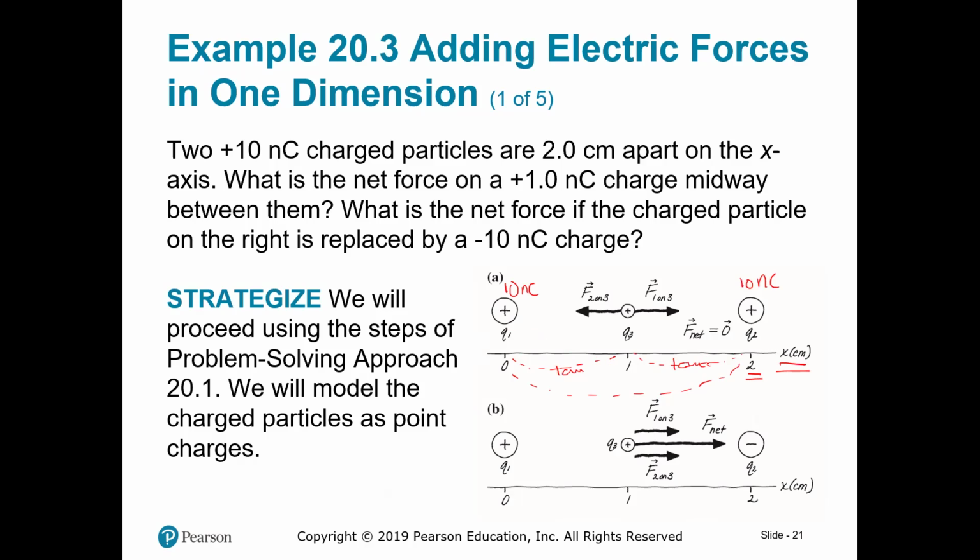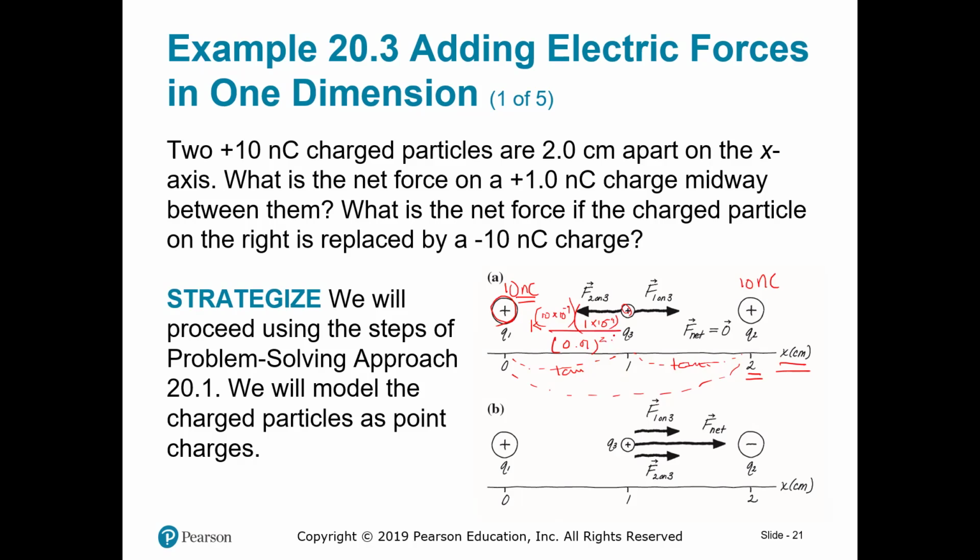This time you can of course calculate both forces, right? For example, what is the force due to this Q1 charge? Again, k. Q1 is 10 nanocoulomb, so 10 times 10 to the minus 9 because it's a nanocoulomb. And the other charge here is 1 times 10 to the minus 9 coulomb. Divided by R, which is 0.01 meter, which is 1 centimeter, squared.